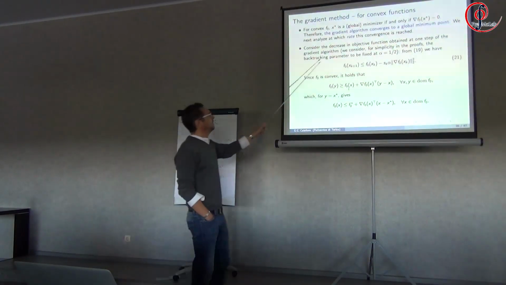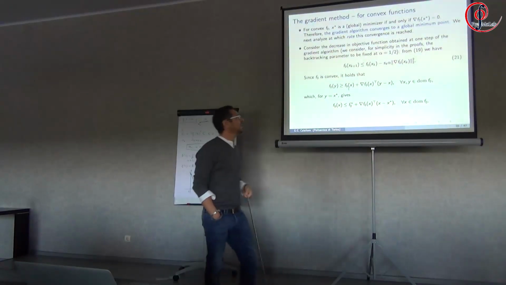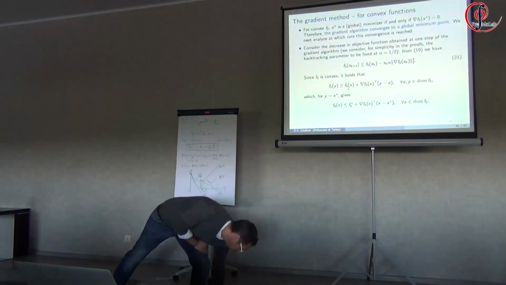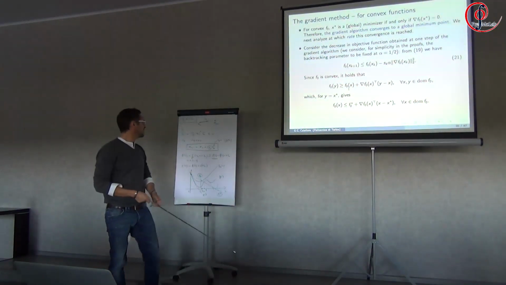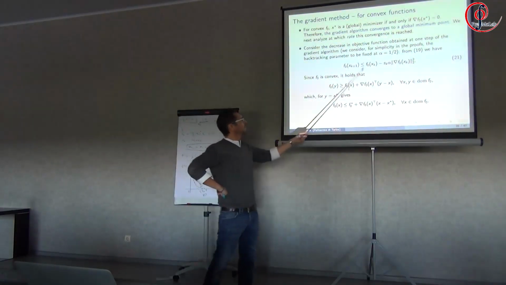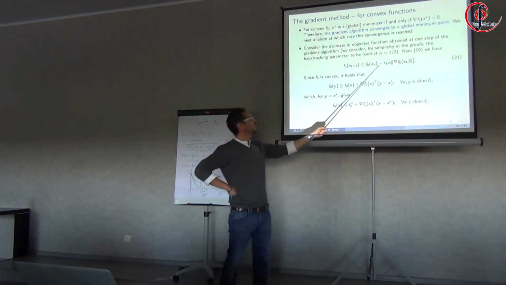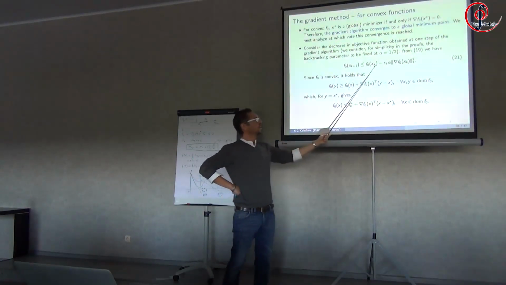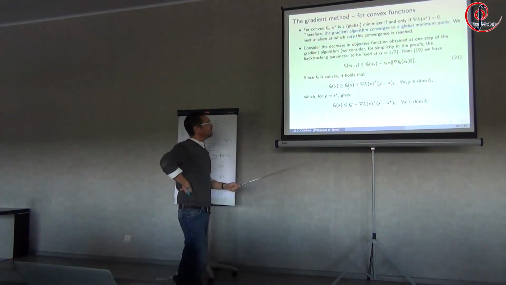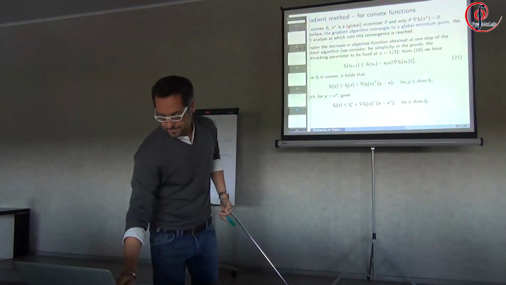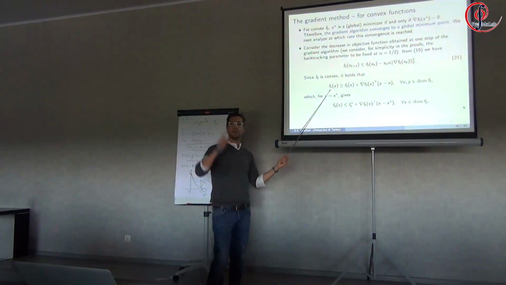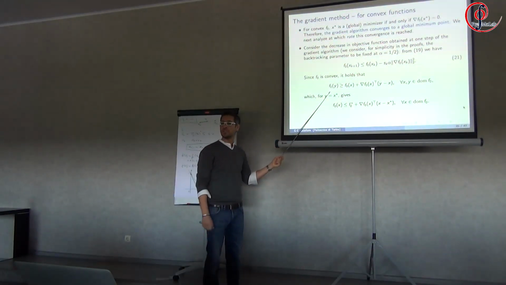Here, for my convenience and simplicity, I fix the backtracking parameter alpha to 1 over 2. This is not critical. If we fix it at 1 over 2, this is the Armijo condition at each step of the gradient method. We have already seen it. But now, since F0 is convex, we may remember the first equation that I showed yesterday morning.